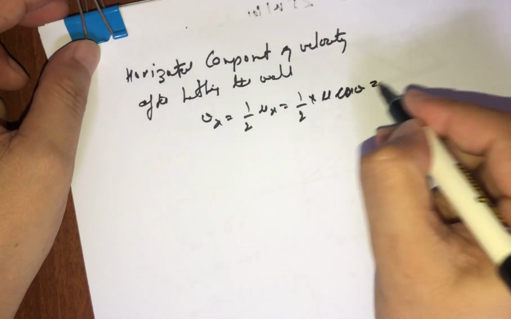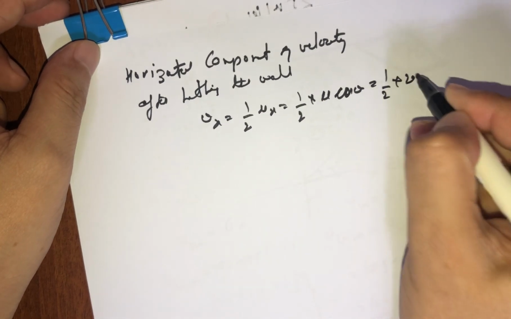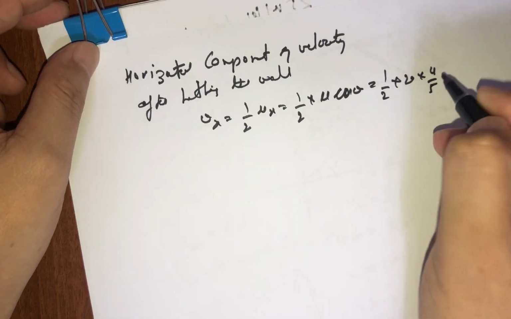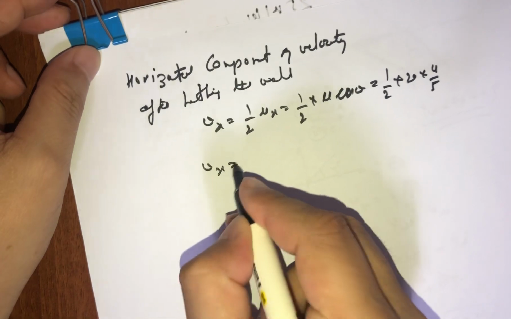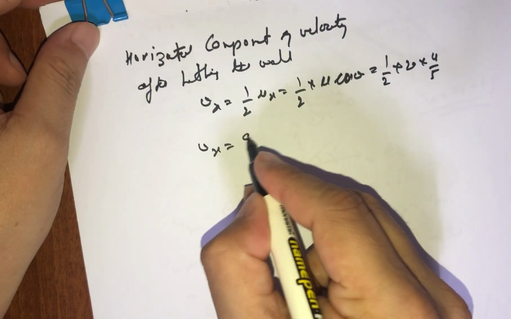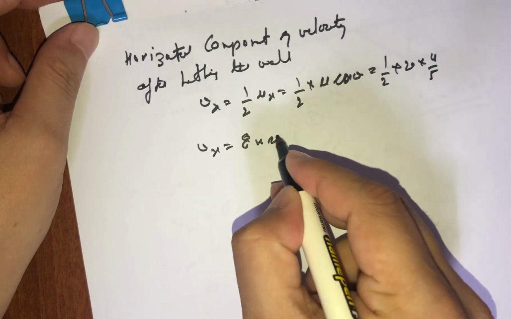If we put the values, we get 1/2, u is 20, cos of theta is 4/5. So Vx will be equal to 8 meters per second.